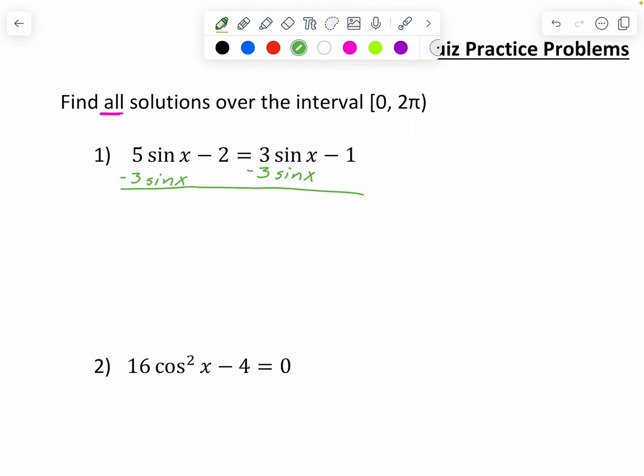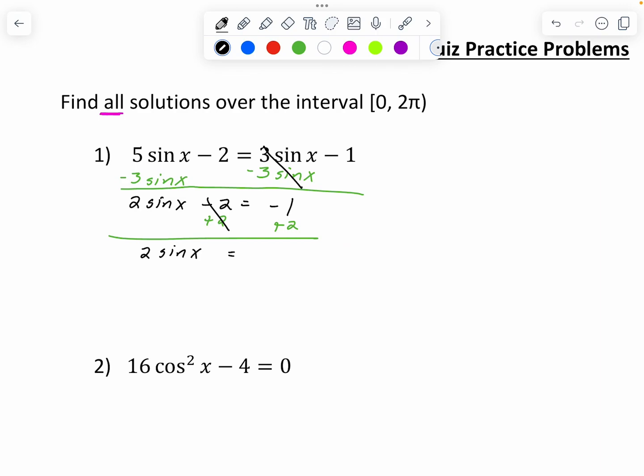So then this is going to give us 2 sine x. We still have our minus 2. This is gone, and then it equals negative 1. So then the next thing we do to get sine by itself is we're going to go ahead and add this 2. And so this is going to give us our 2 sine x.